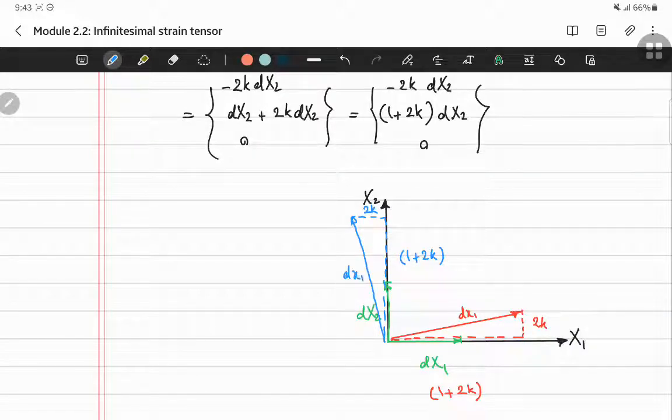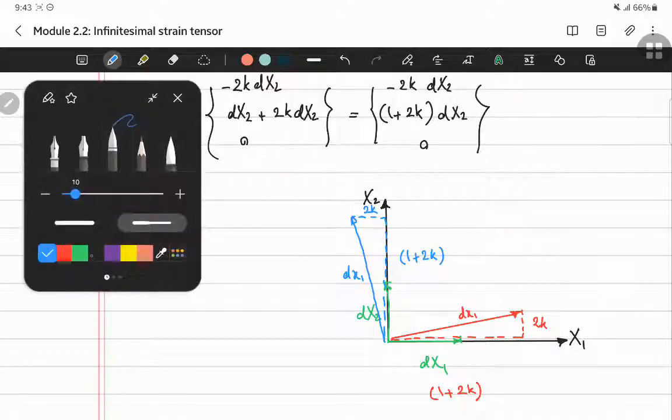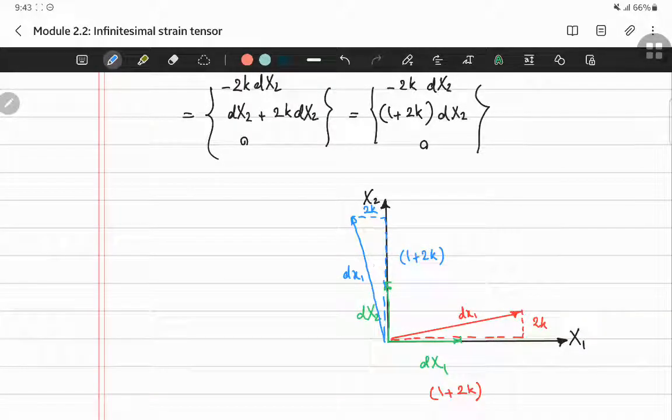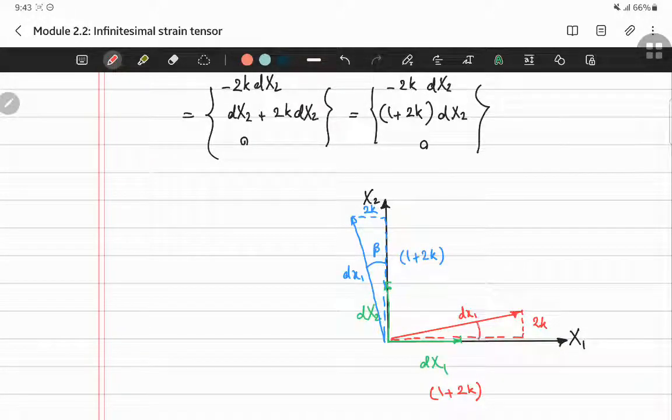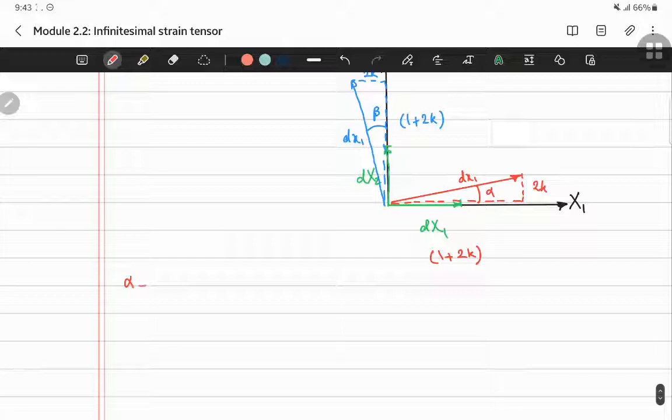So this is dx1. So as you see here, we have an angle here, beta, and we have an angle here, alpha. So if I write alpha is equal to 2k, or maybe it's better to write tangent alpha, where alpha is very small or infinitesimal, so alpha is equal to tangent alpha. So we can say that it is 2k divided by 1 plus 2k.